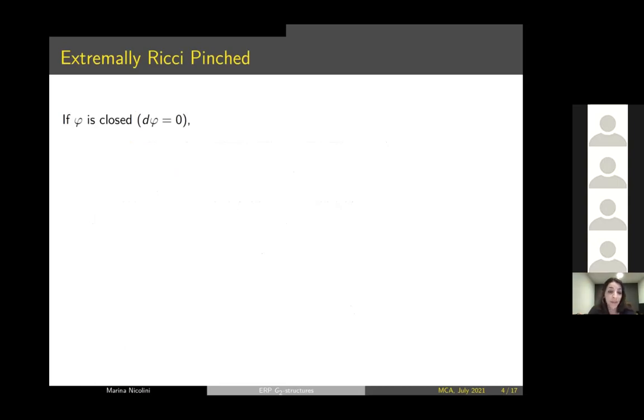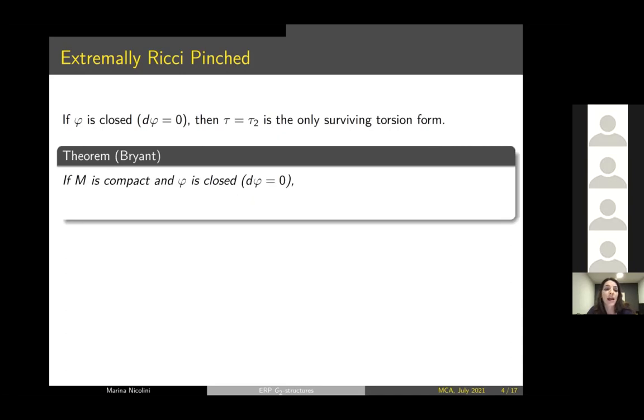I said before that when phi is closed, and we are going to work with closed phi, the torsion form that survives is the 2-form tau, which I'm going to name only tau, because there is no other torsion form, not 0. Bryant proved a theorem that says that when the differentiable manifold is compact and the G2 structure is closed, then this inequality holds for the scalar curvature and the Ricci curvature of the metric g.